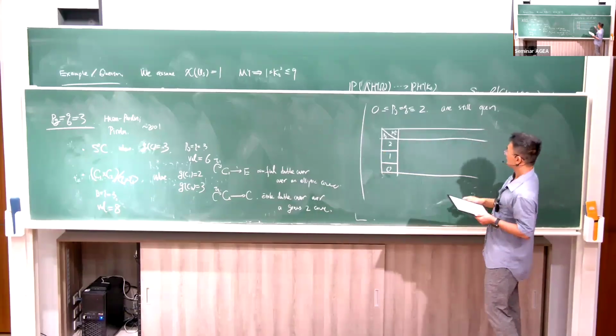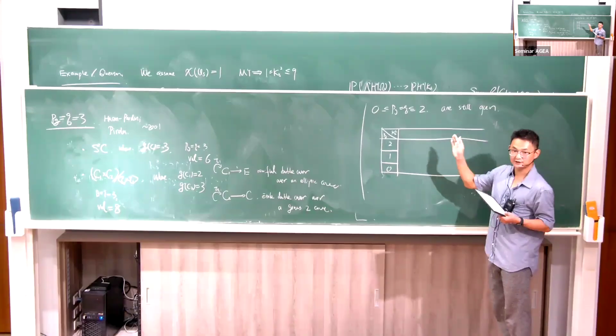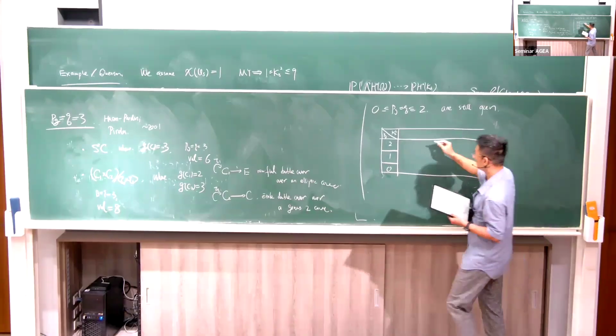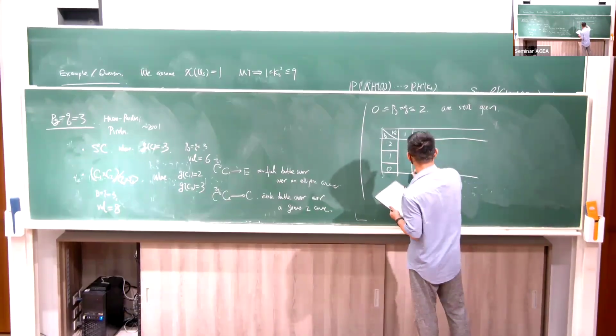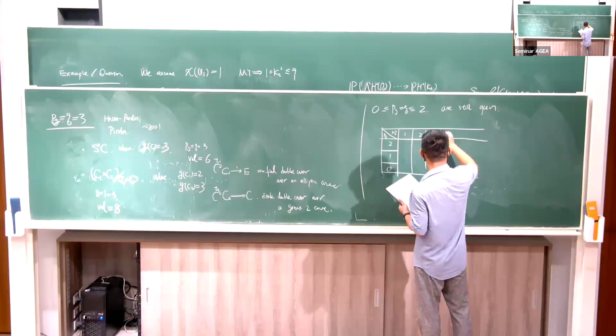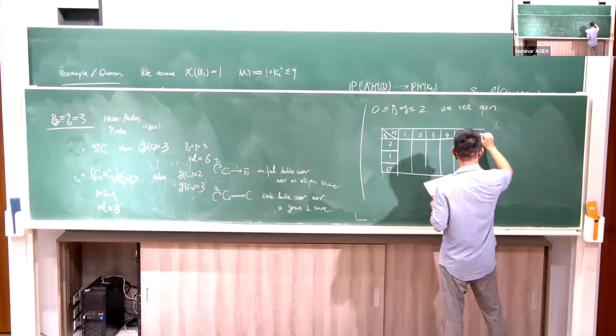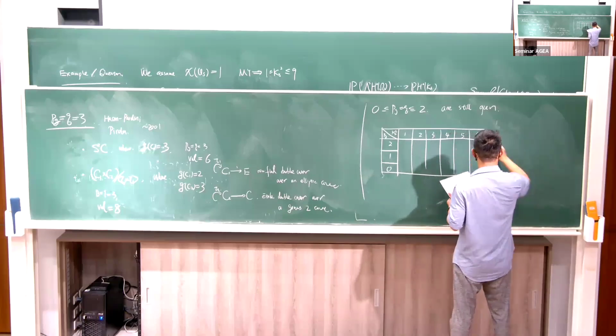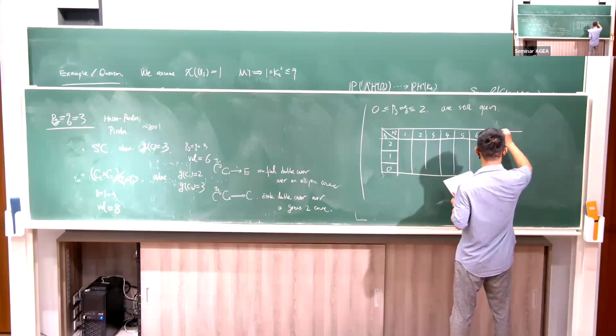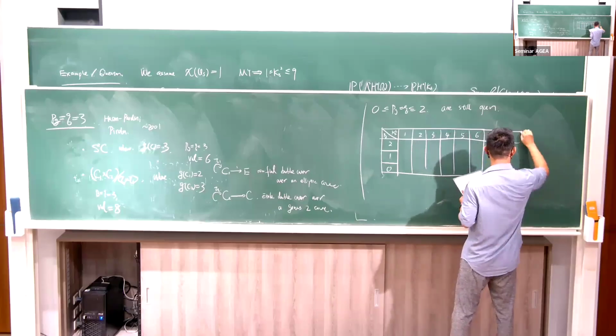Okay, so in any case, the volume is at most 9. So we have 1, 2, 3, 4, 5, 6, 7, 8, 9.